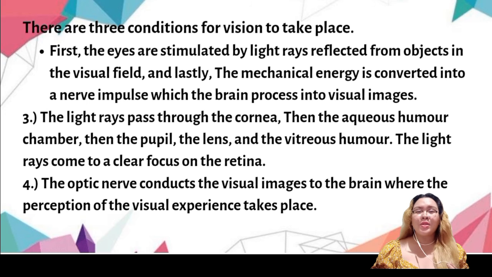The light rays pass through the cornea, then the aqueous humor chamber, then the pupil, the lens, and the vitreous humor. The light rays come to a clear focus on the retina. The optic nerve conducts the visual images to the brain where perception of the visual experience takes place.